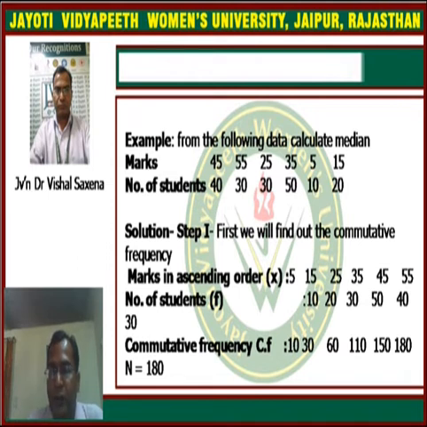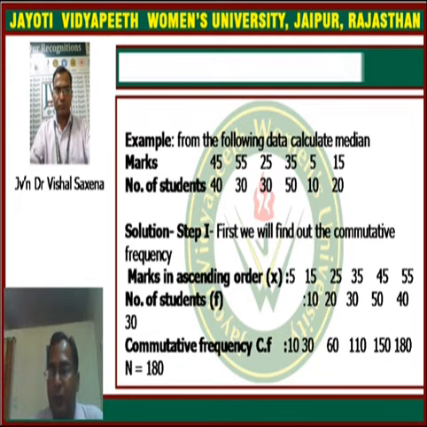First of all we have to arrange the data in ascending order. Clearly the data are in ascending order already, and now we have to solve this question. For this we simply have to make the cumulative frequency table. First of all we write data x, then the frequency f, and then we find the cumulative frequency Cf.